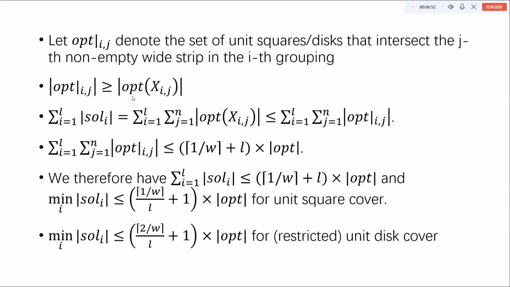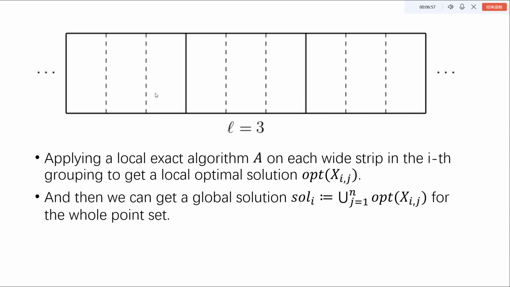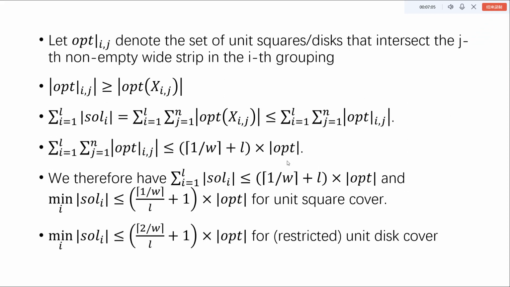So by the optimality of A, if we apply A onto X_ij, we will get a local optimal solution, right? So the size of the solution we get this way must be no less than the size of the local optimal.